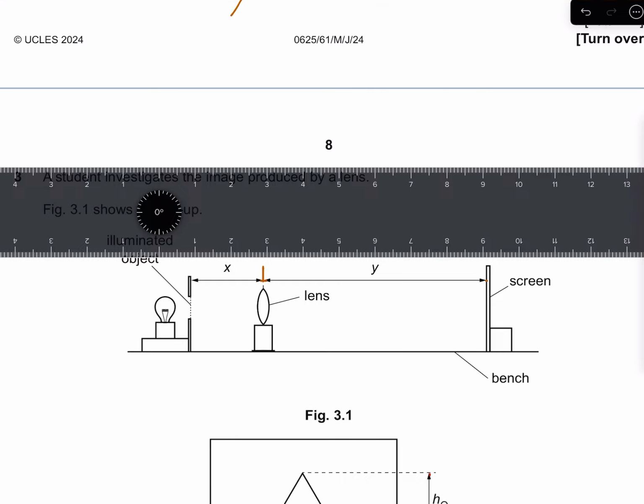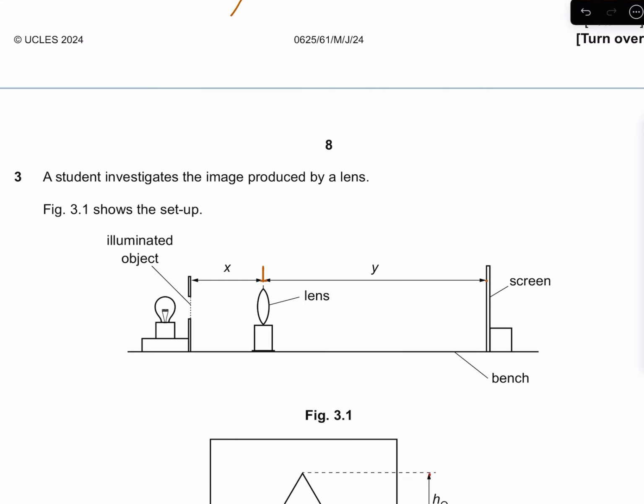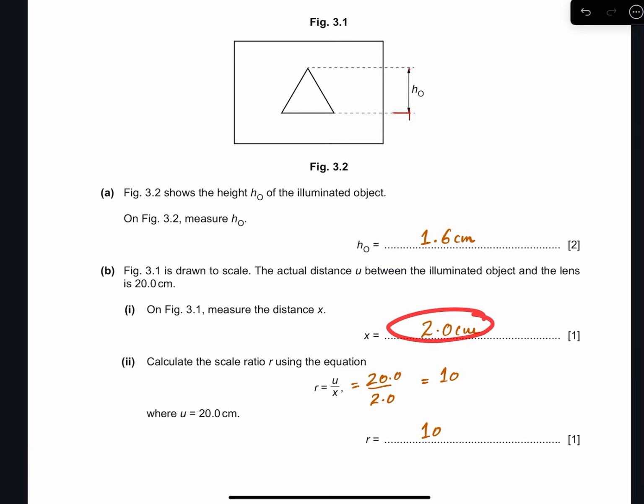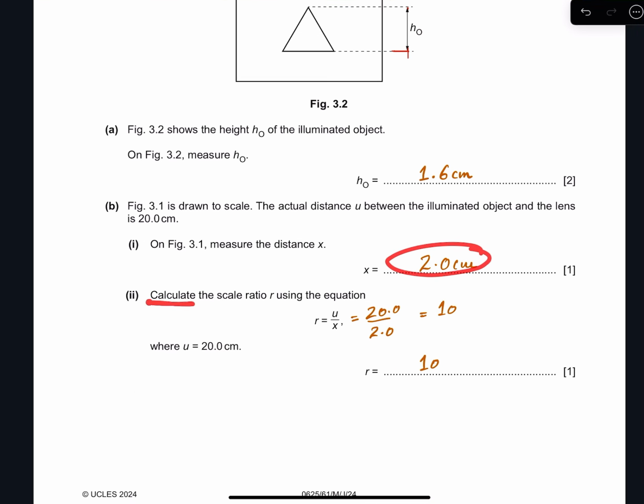Okay, so I don't need scale now. So it's 2 centimeter. Then we have to, now the command word is calculate. See, अब measure नहीं है. Calculate mean you just have to put the values. Formula given है आपको, r is equals to u over x. You just have to put the values. u is what?